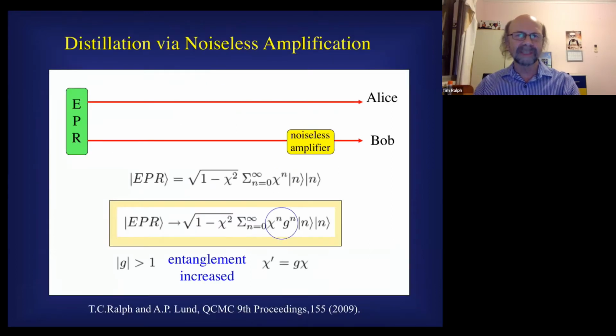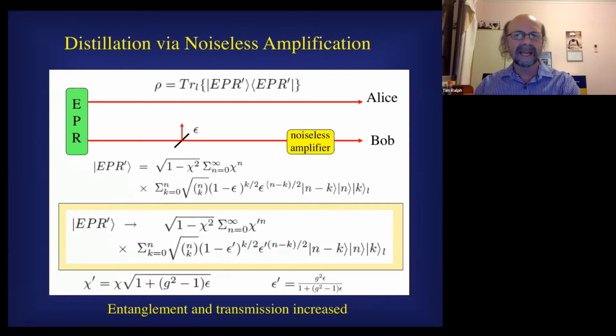One major reason for interest in noiseless amplification is its ability to distill two-mode squeezed states, or EPR states. So if you put an amplifier on one arm of an EPR state, you increase the entanglement. More importantly, if that EPR state has traveled through some loss, then putting a noiseless amplifier on it can both increase the entanglement and increase the effective transmission.